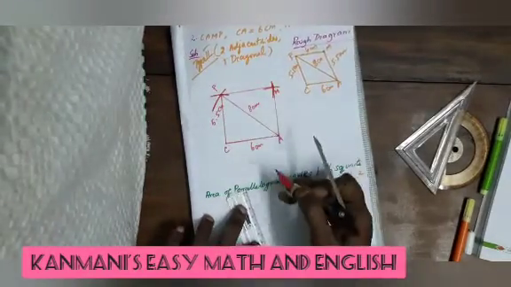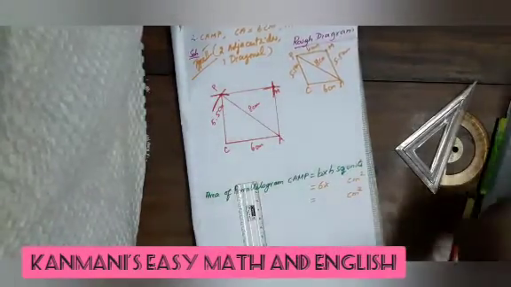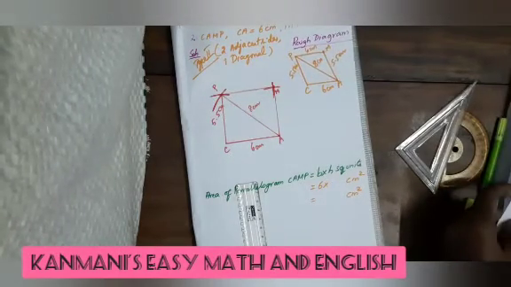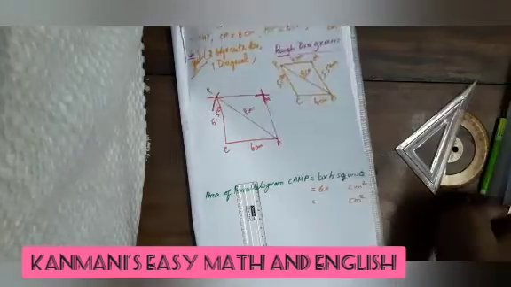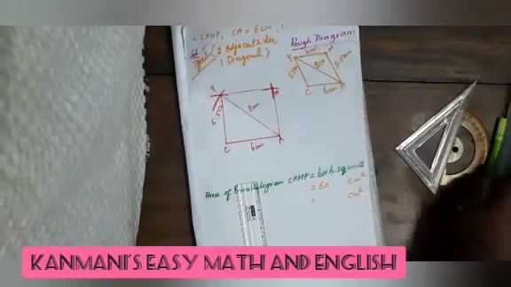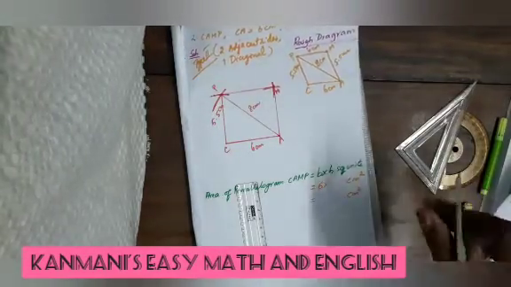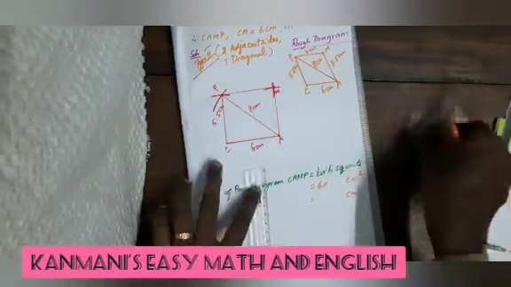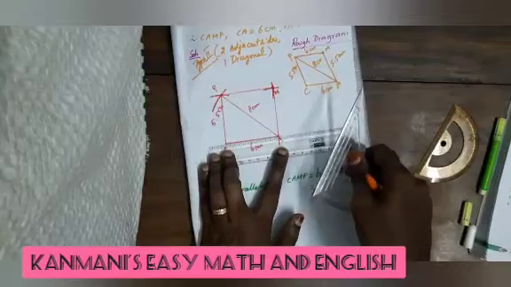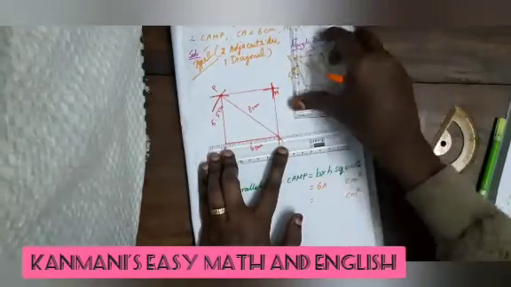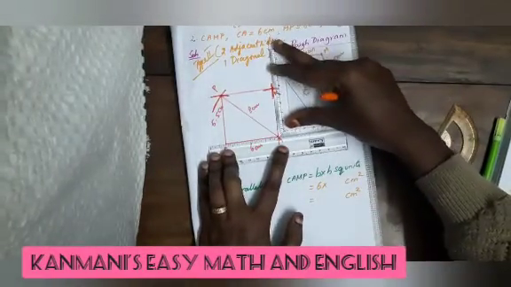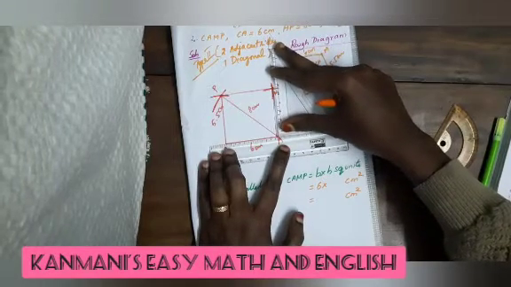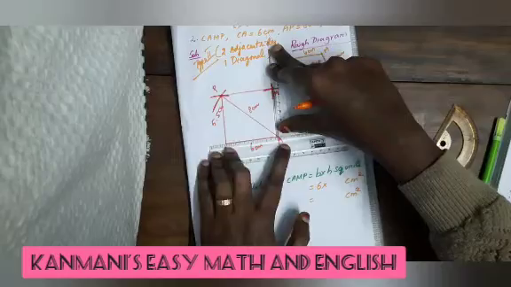We need a height now. So we know how to use a set square in order to get a height of this parallelogram. So shall we draw the height now? Place the scale on the base, then you can slide your set square like this. Once you get the vertex M, you can stop.